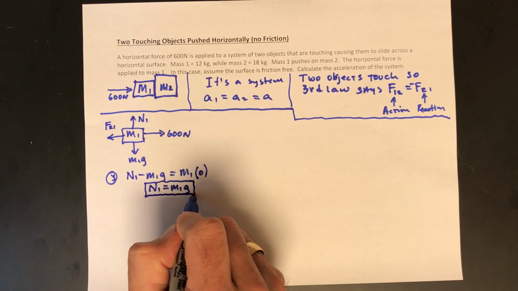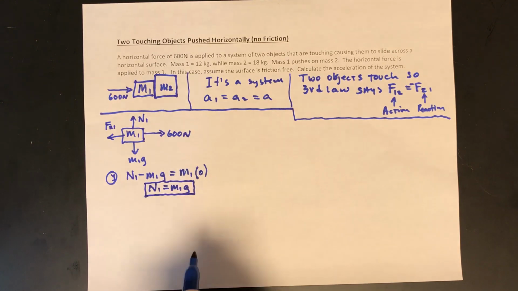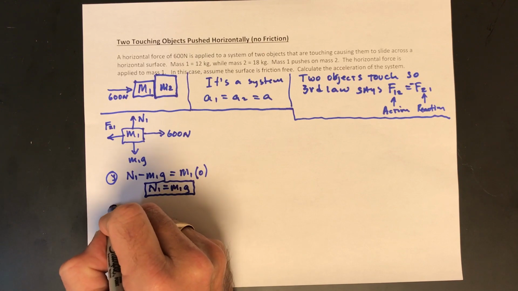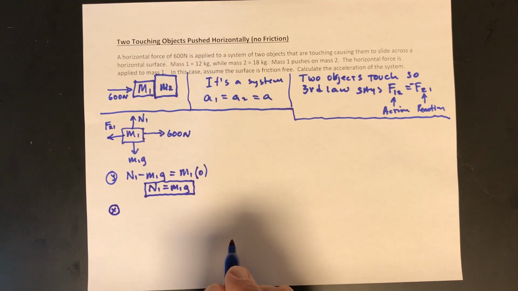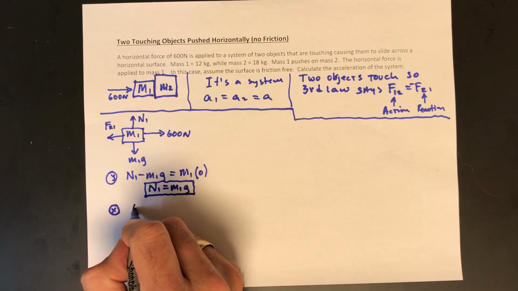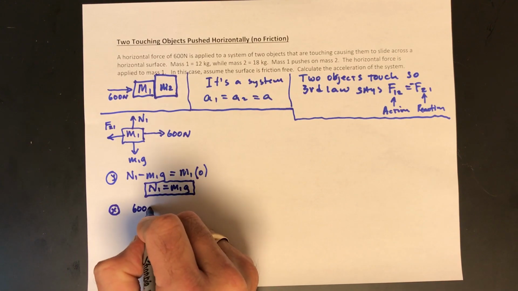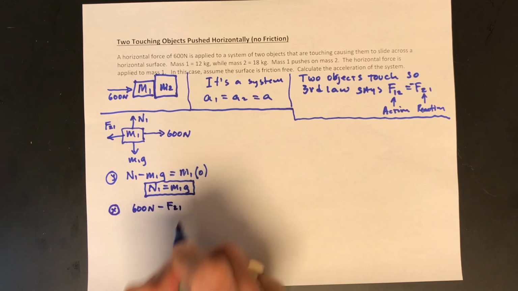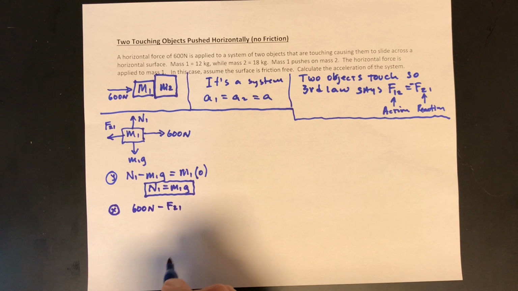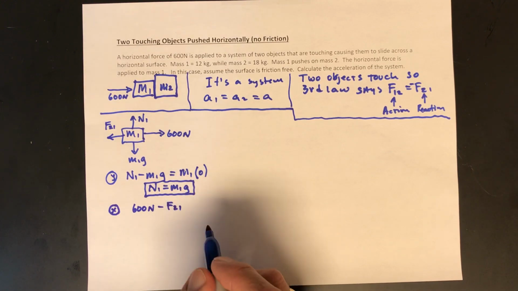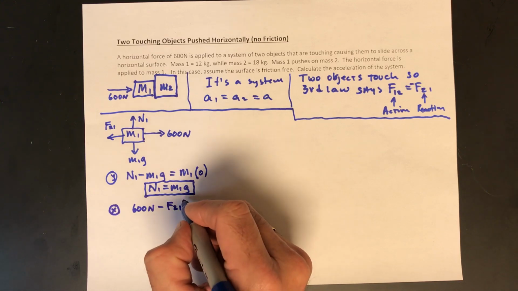Now remember that the normal force is not always equal to an object's weight. Sometimes it's more complicated than that. This time it's simple. In the x direction we apply Newton's second law also. We have 600 newtons pulling to the right, and then we have the force of object 2 acting on 1, preventing or slowing down or retarding the motion of object 1.